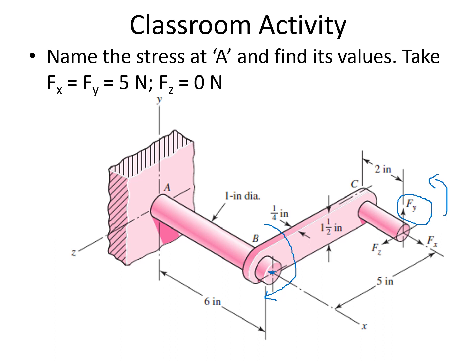So at point A, you may experience a torsional shear also. Like this, you may have to find what are all the stresses involved at a particular point. That is the objective of this one. Thank you.